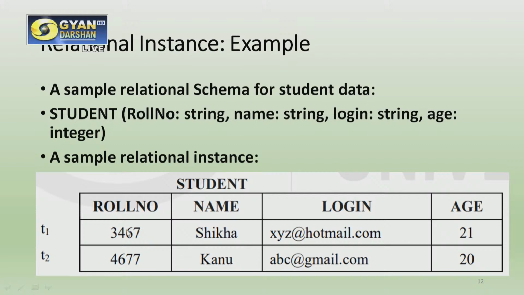They will not be treated as integers, whereas age is going to be treated as an integer as its domain is integer. So this 21 is an integral number, whereas 3, 4, 6, 7 is going to be treated as a string only, although they are numeric digits. This is a typical example of a relational instance.